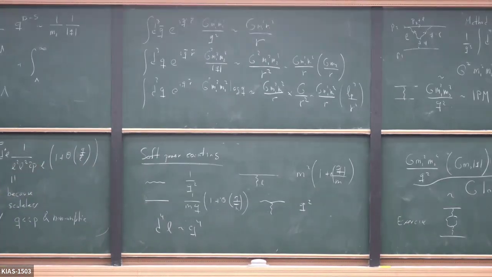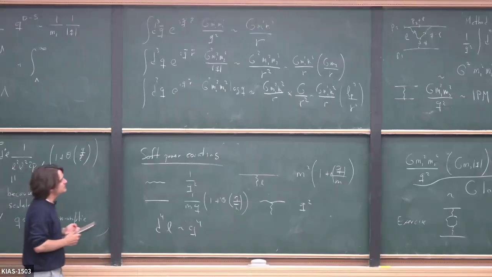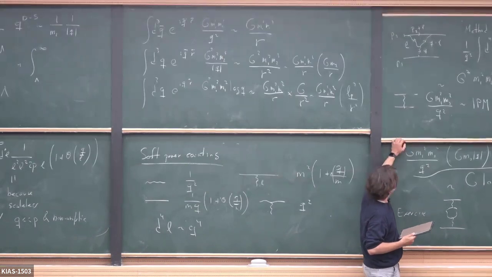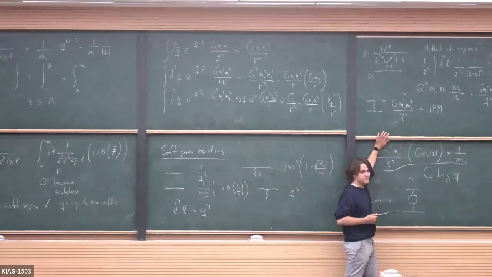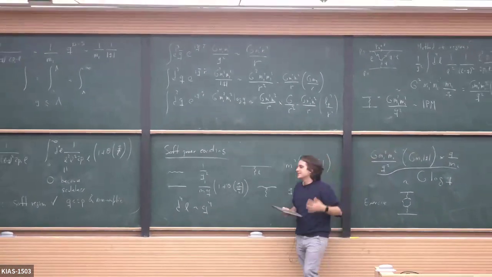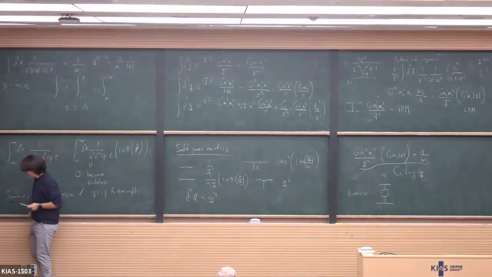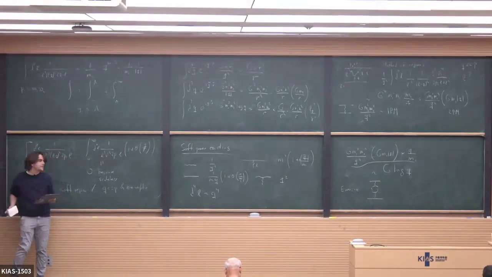But actually, there's a reason why I only discussed this triangle diagram and this bubble diagram first, because there is one extra complication. So what is the diagram that we missed?